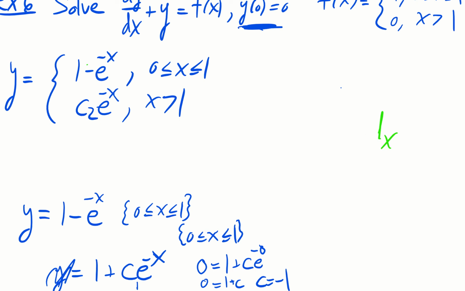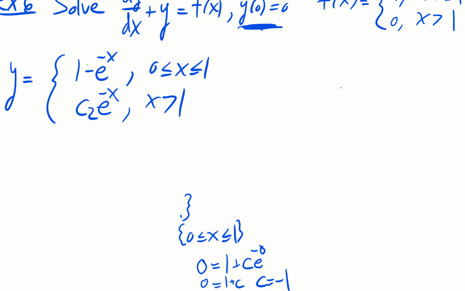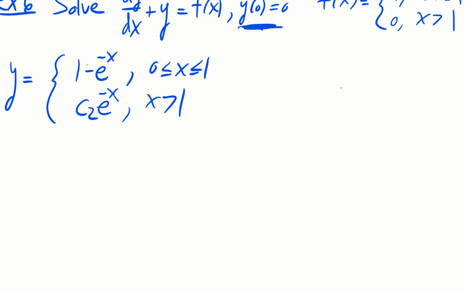So this is a good old blast from the past. We're going to revisit continuity of a function at a point. So remember, this part of the function here is valid for x greater than 1. So if we want this function to be continuous at x equals 1, we're going to need the following thing to happen.